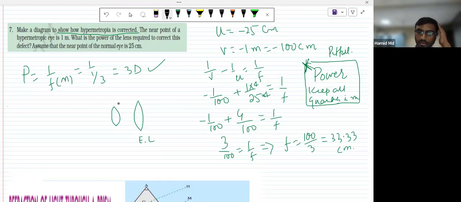So this is the principal axis, suppose this line. And this will be the object O. From this eye, it will be 25 centimeter, the minimum distance, this point. And there will be the object, right? Initially, the ray will be like this.